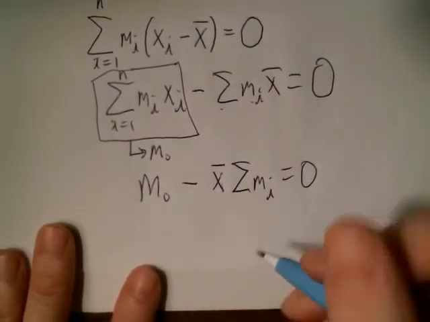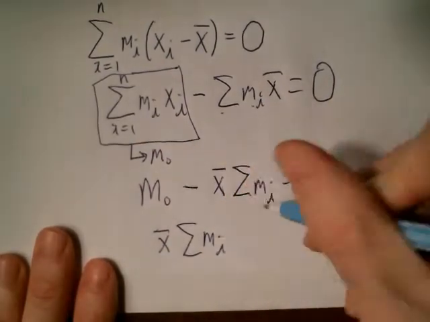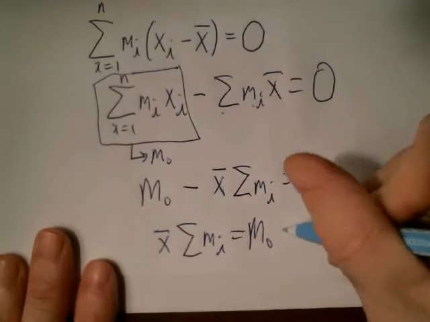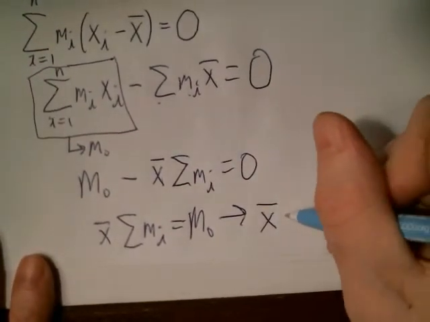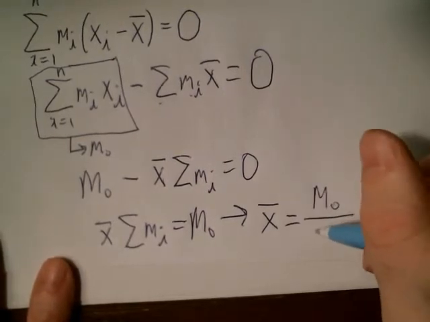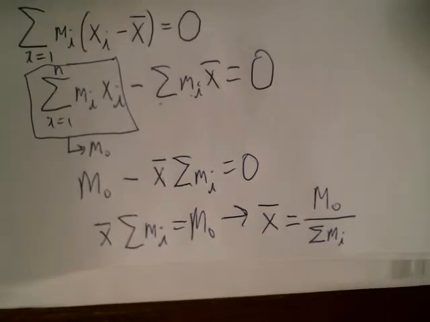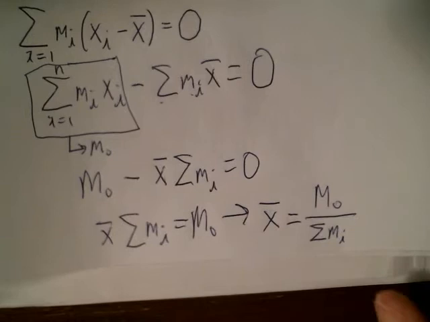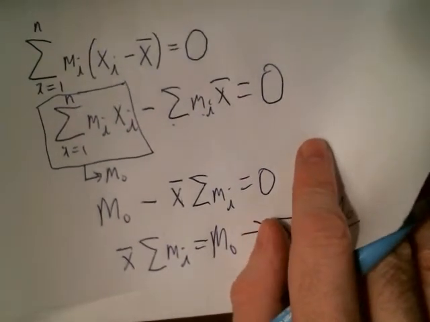So if I move this over there, I get x bar times the sum of the individual masses is equal to the moment about the origin, which tells me the point of equilibrium will be just the moment about the origin divided by the total mass of the system. And that turns out to be our formula for the center of mass.